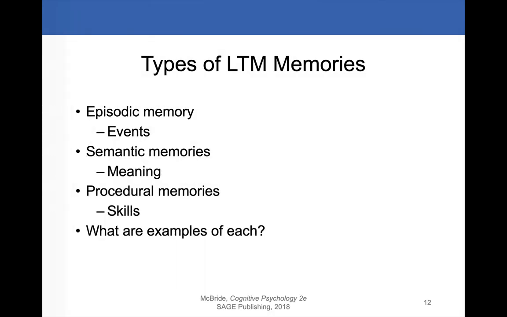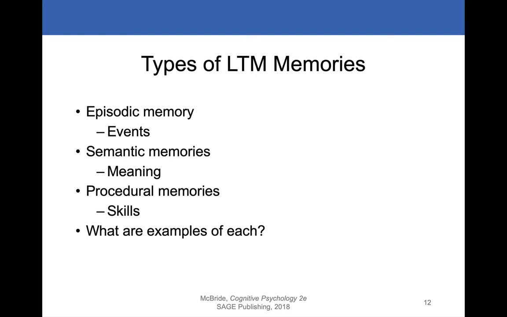Now, there's different types of long-term memories that have been identified. One of the types of long-term memories is episodic memory. And episodic memory is specific to you. It is memory of your daily experiences or your daily life.